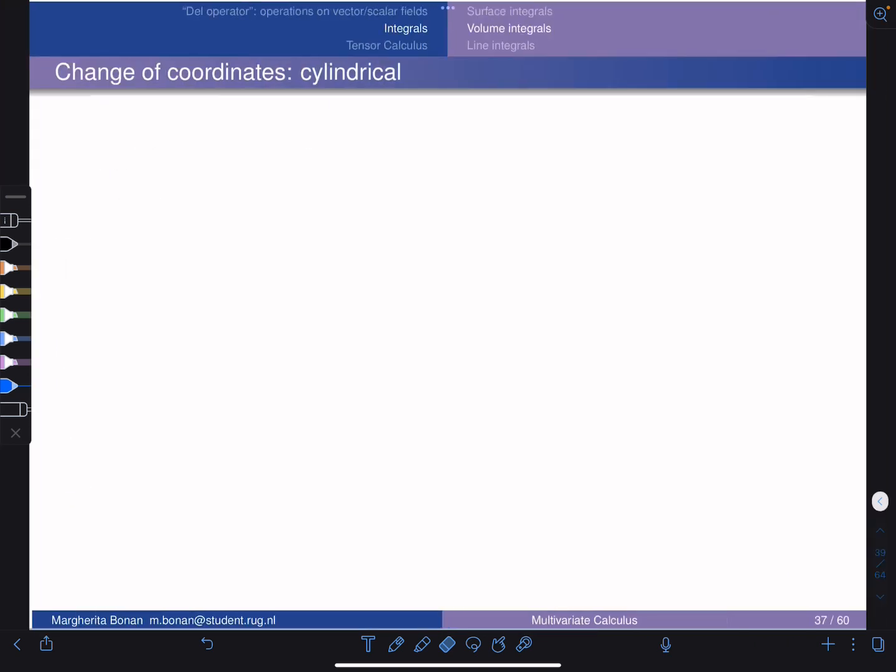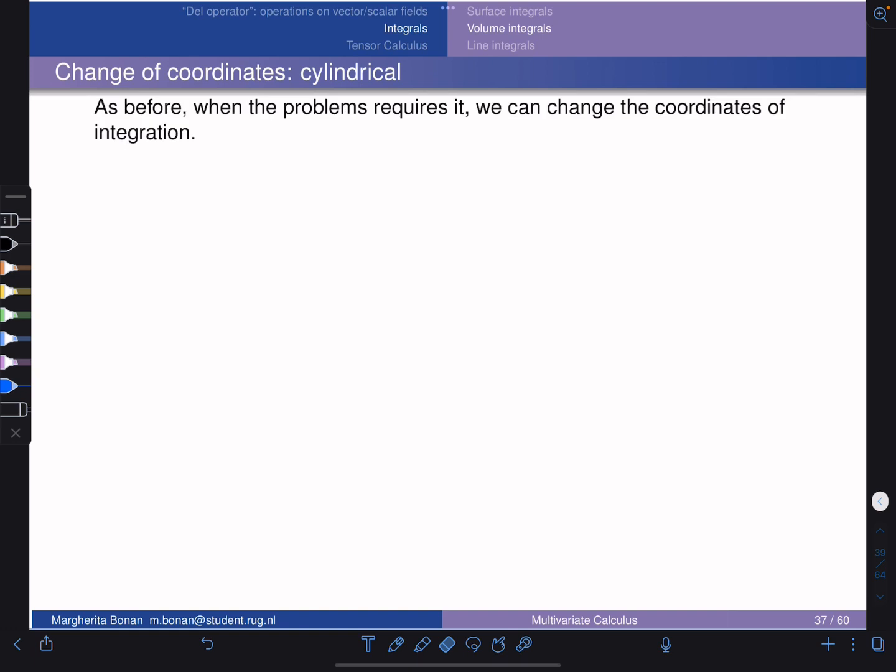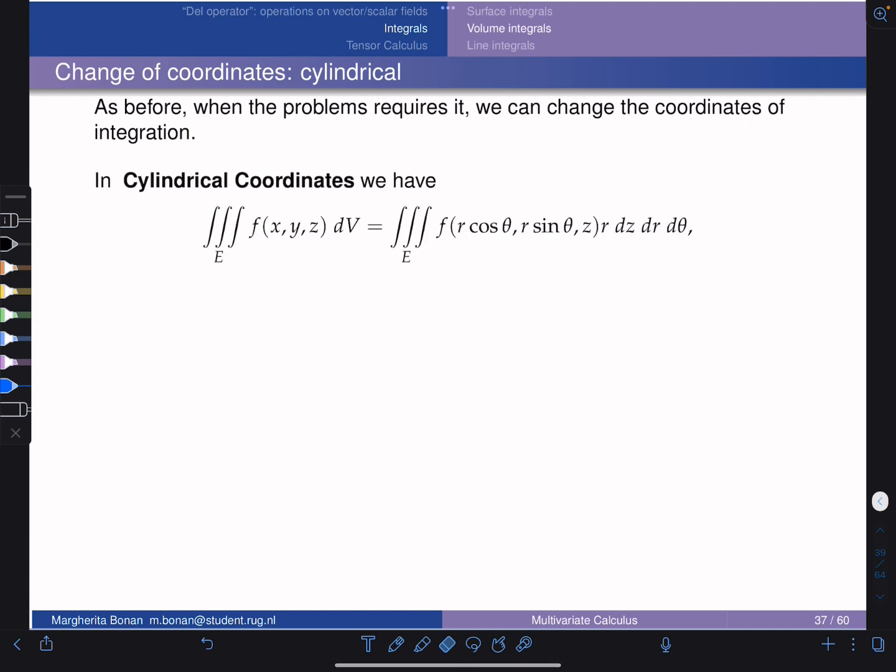In some cases, it might be handy to change coordinates. For example, we might have a cylindrical symmetry, and we want to change Cartesian coordinates to cylindrical ones. The conversion is in this way.